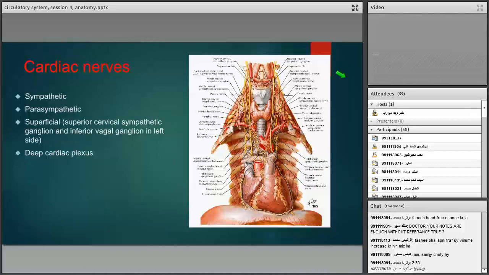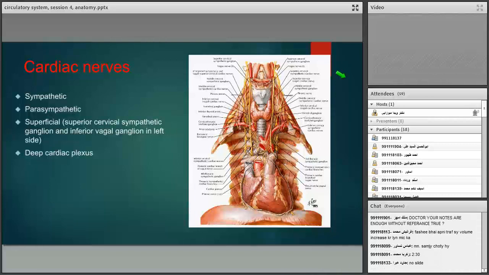When the sympathetic is working, the heartbeat will rise, for example, from 70 to 100 beats per minute. And when the parasympathetic is working, it would be vice versa. So the cardiac nerves control the heart's conducting system.